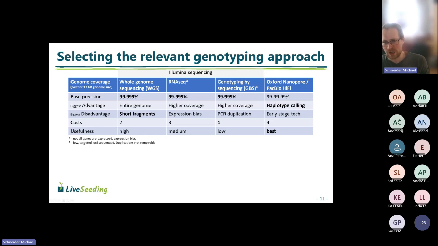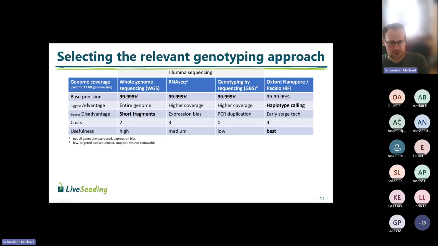As I said, we don't have this limitation here. For Oxford Nanopore, it's kind of infinite. For PacBio, we usually have something like 10 to 25,000 base pairs, but therefore the accuracy of the base precision is a bit lower.